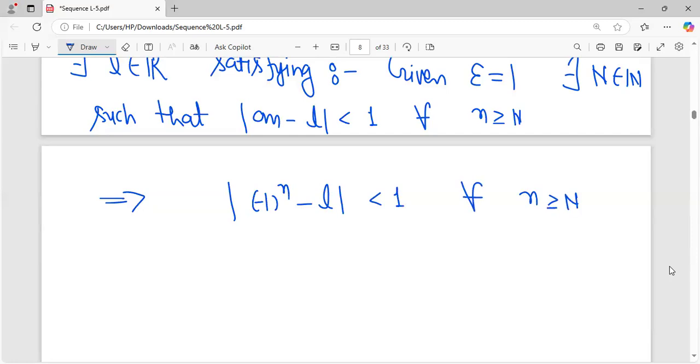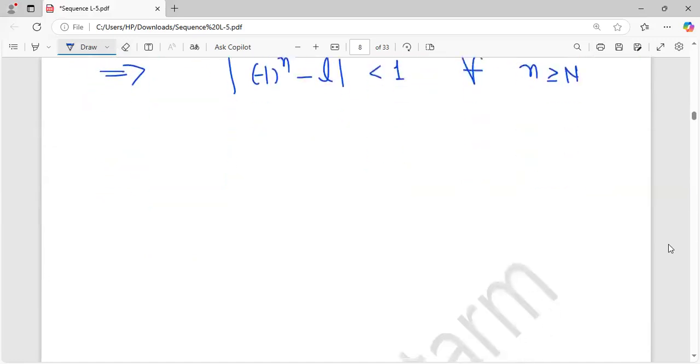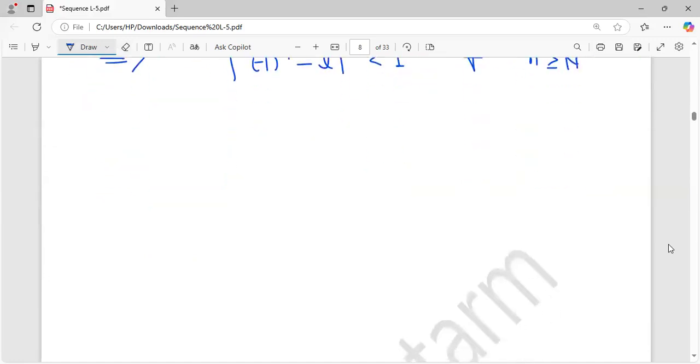But if we take n as natural numbers, even or odd, there are three possibilities. What are the three possibilities?